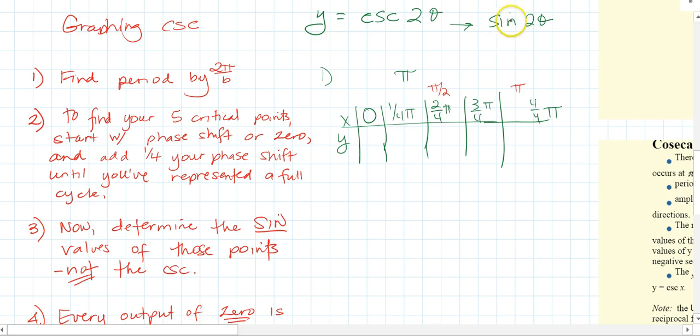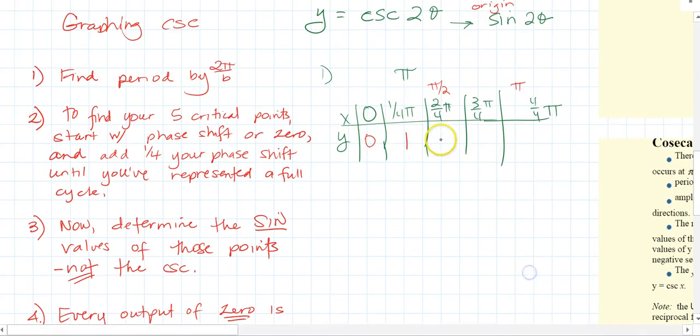I just think original sin, I think the origin, the sine always goes through the origin unless there is some sort of a phase shift. So I know the 0 is 0, and then the maximum's going to be 1, and then it'll be 0, sorry, then -1, and then 0.